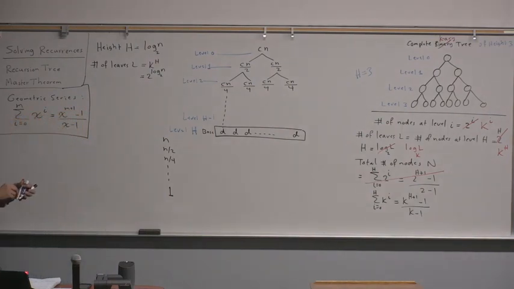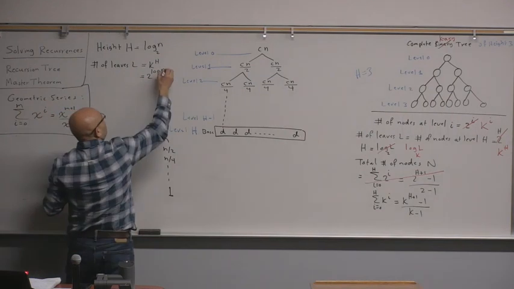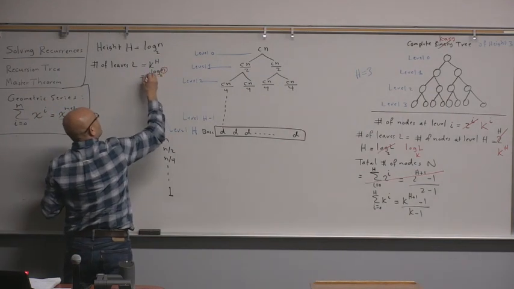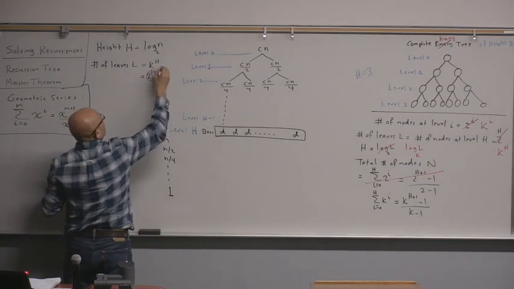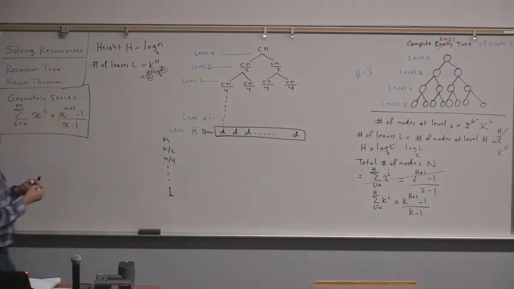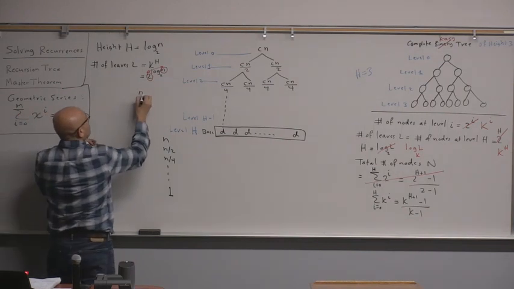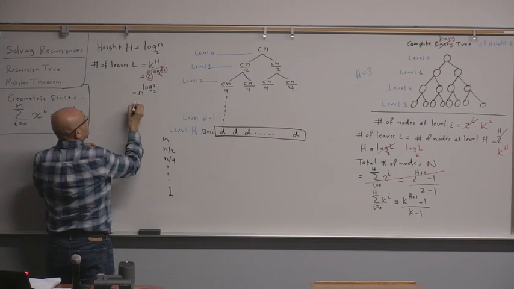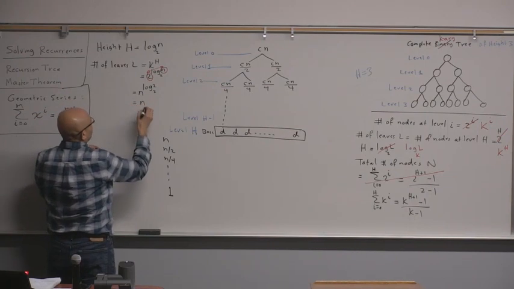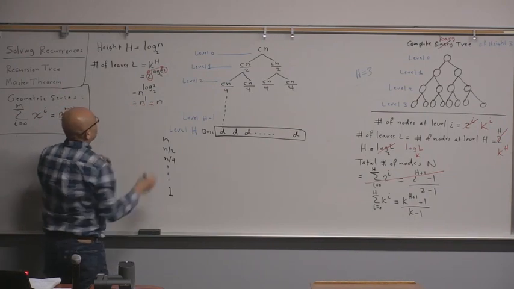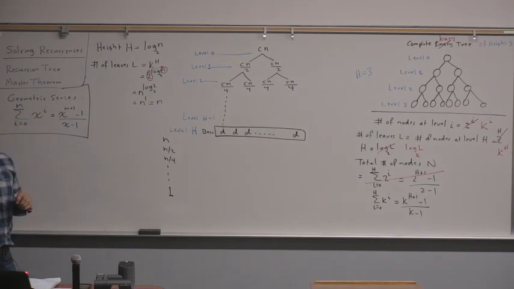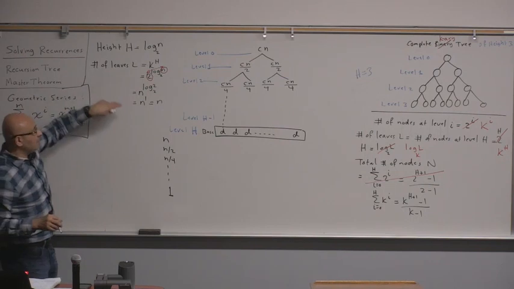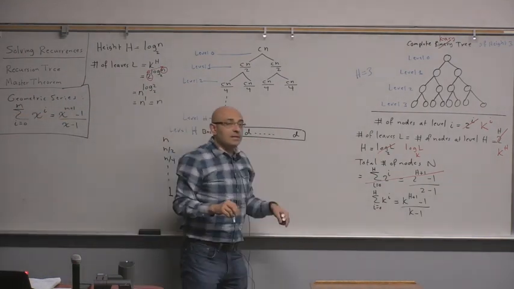So this is n, because we can do this switching: 2 to the log n equals n to the log 2 base 2, which is n power 1, or n. Of course, this is not a surprise for us. We know that for merge sort, the number of leaves of the tree is n.